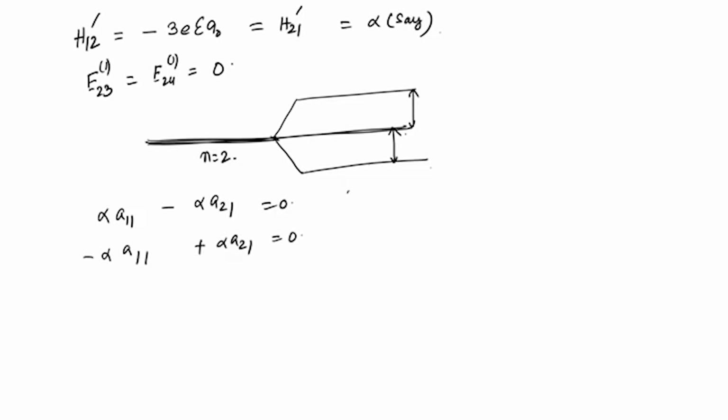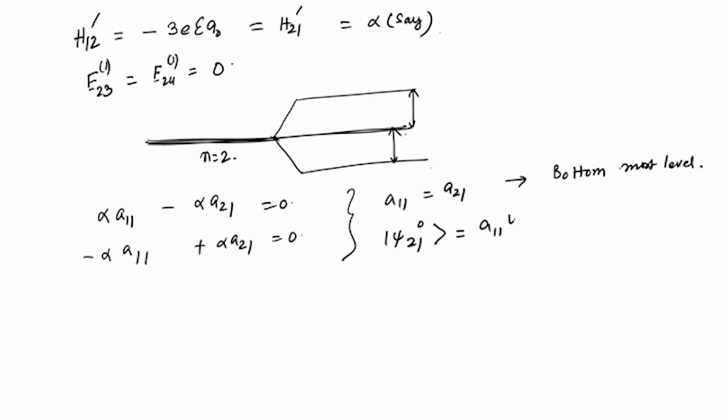That tells you that A11 is equal to A21. So, the bottommost level you see here corresponds to psi 210, which is equal to A11 U1 plus A21 U2, which is equal to A11 U1 plus U2.